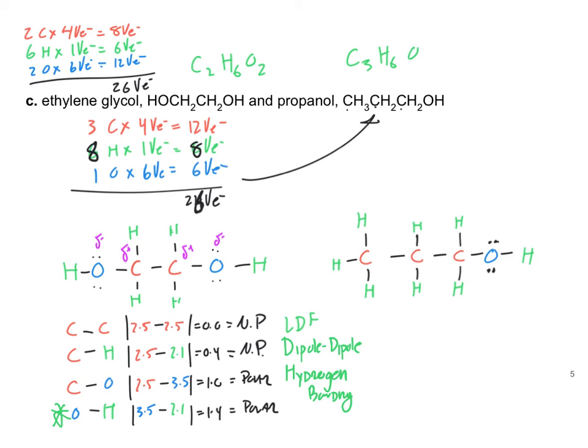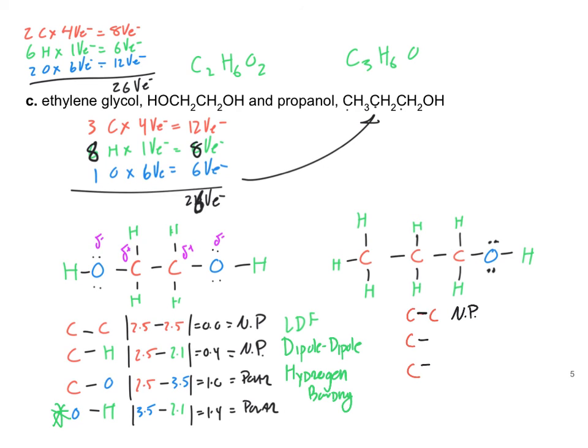Now, over on the other molecule or the other structure, I have again carbon and carbon, which we've already said is nonpolar, and we have carbon and oxygen, and we have carbon and hydrogen, and oxygen and hydrogen. So we have carbon and carbon, which we said is nonpolar because of math.